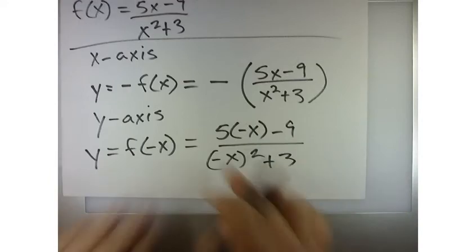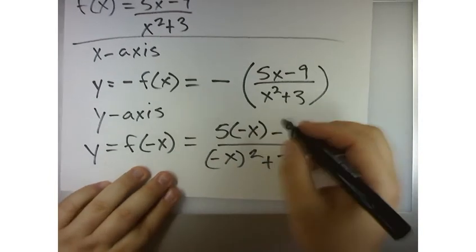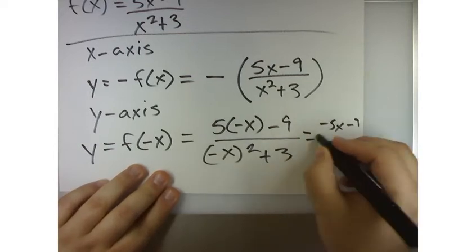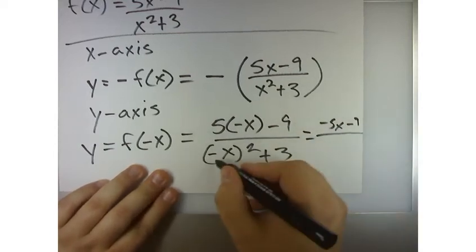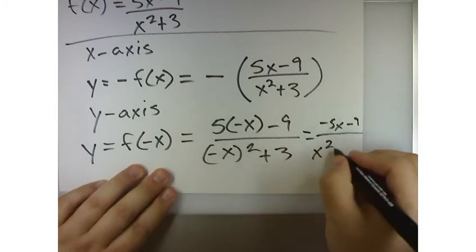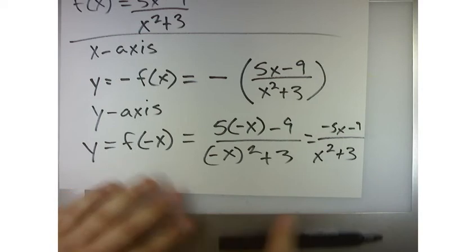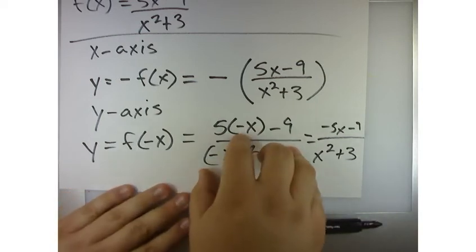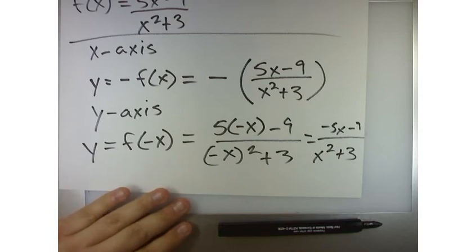And then of course you could expand, and so that would give me like -5x minus 9. In other words, push the negative signs through. By the way, when I take the negative x and square it, it's the same as x squared, right? No, because I'm just taking the negative x. Wherever there was an x, I plug in a negative x. Right? And that's it.